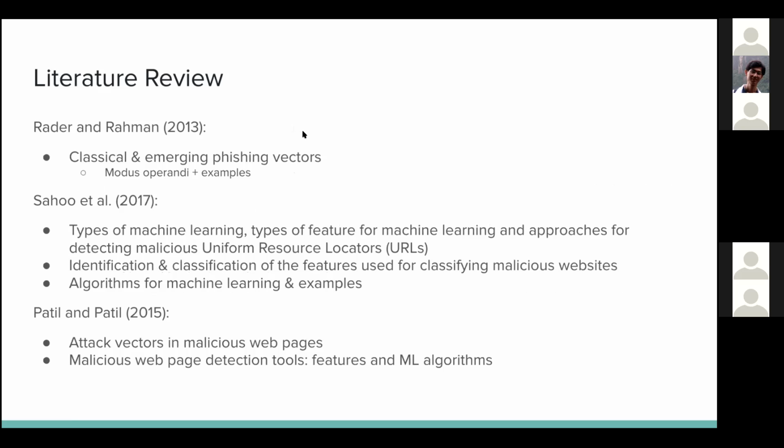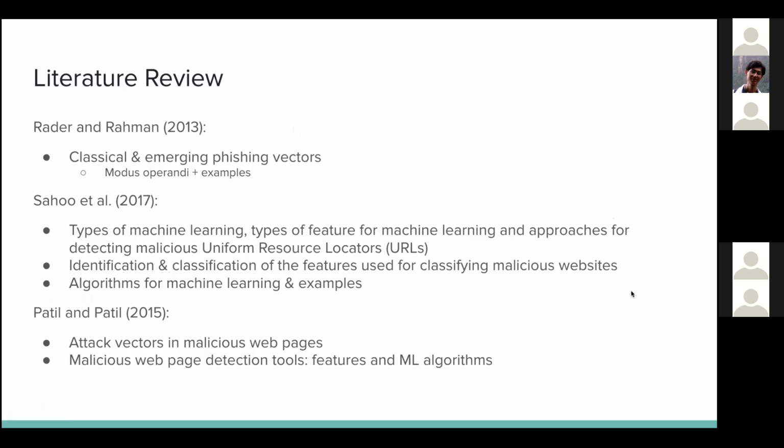Then the next 3 papers mostly classify classical and emerging phishing vectors. This paper by Sahu et al. investigates machine learning techniques to classify malicious websites, as well as detect malicious URLs.